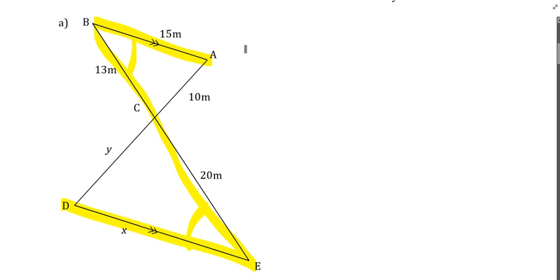If the top up here and the bottom down here are parallel, and there's a straight line connecting those two parallel lines, the Z pattern says that the angles inside are equal. So that's how I can know for sure that this one equals this one. So I'm going to write that down. B equals E.